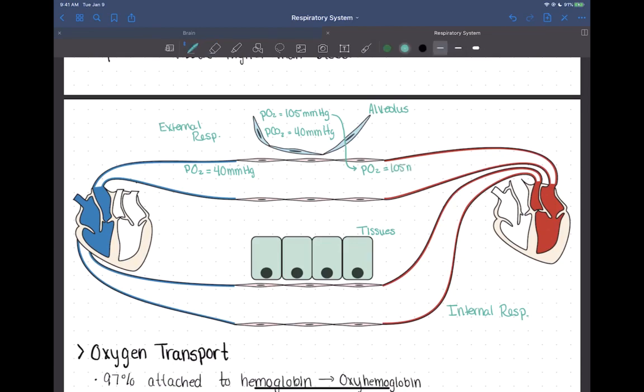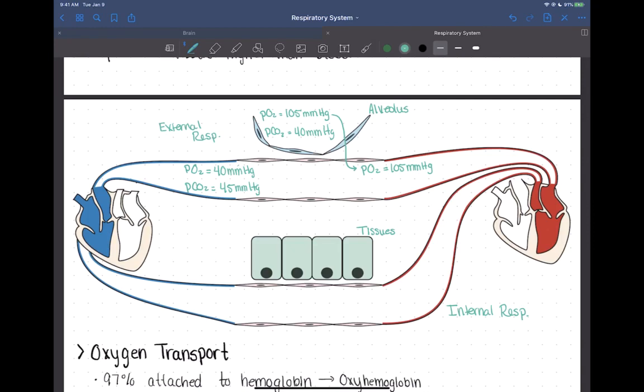Because remember, that stays pretty constant, so it's not decreasing as that oxygen is moving in, okay? All right, so oxygen moves from its high pressure to low pressure, it's going to move into the blood vessel, and then that PCO2 is going to be higher in our deoxygenated blood, not too much higher, it's about 45 millimeters of mercury on average, okay?